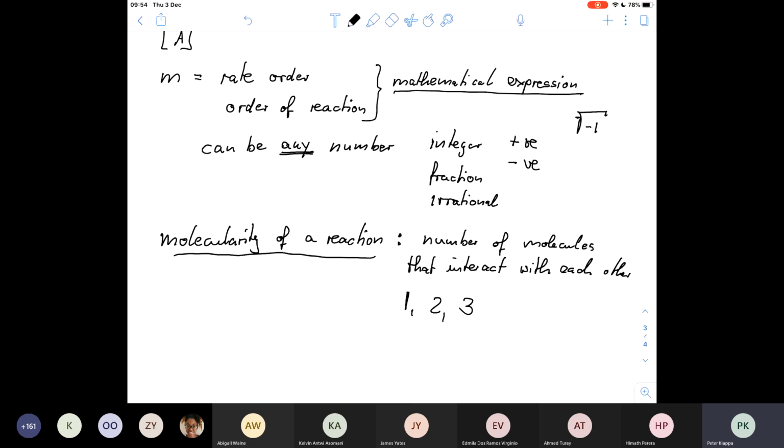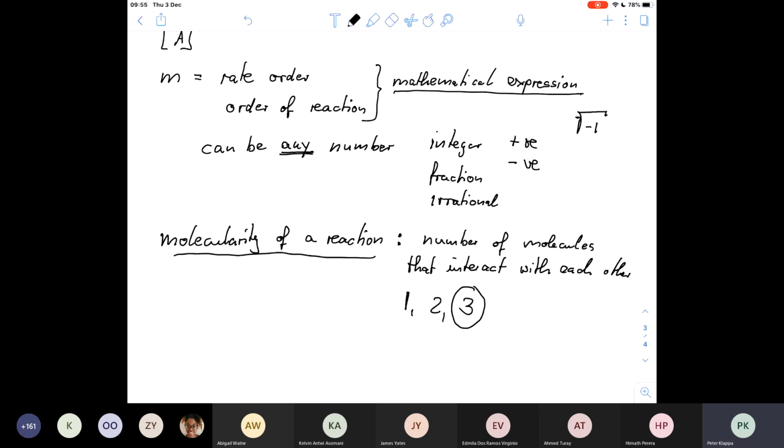Reynolds says yes. You're absolutely right. It can potentially be 3, although I think there is only one reaction that has been described in the literature so far where people could actually show that it has a molecularity of 3.